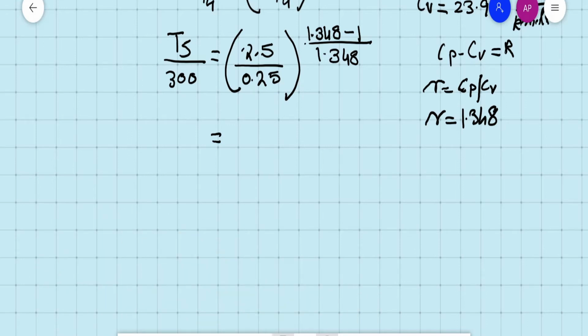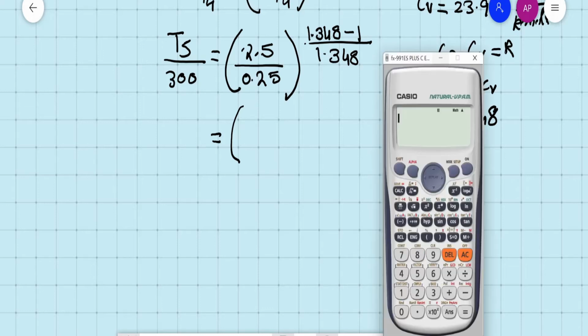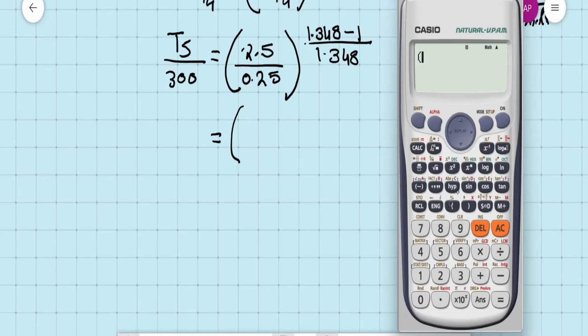So we have 2.5 divided by 0.25, that is 10, raised to 1.348 minus 1 divided by 1.348.